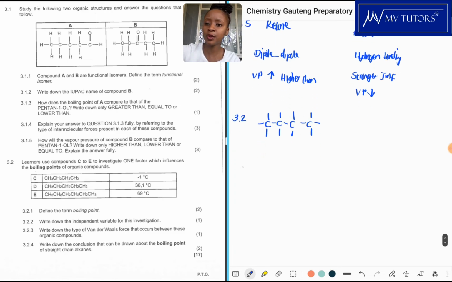Now 3.2.1 says we should define boiling point. I would say that it is the temperature at which, obviously you're going to write this down properly, the vapor pressure is equal to the atmospheric pressure.